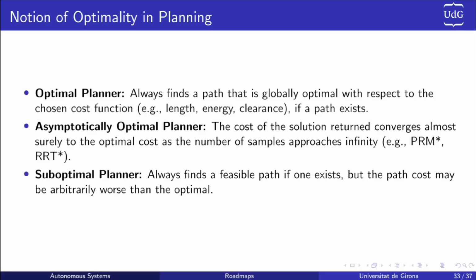You have a dog that has to walk from point A to point B. Of course, you want it to reach it as fast as possible, but maybe you are also more interested in preserving some energy or avoiding high impact movements, and then your cost function can be very complex, okay?